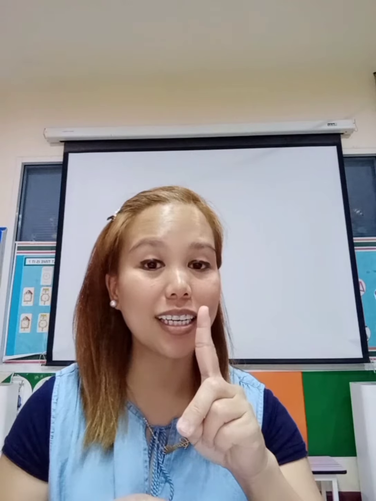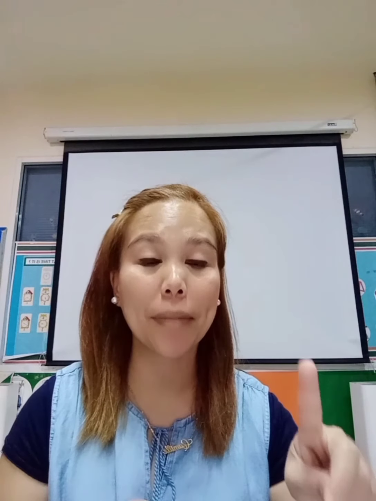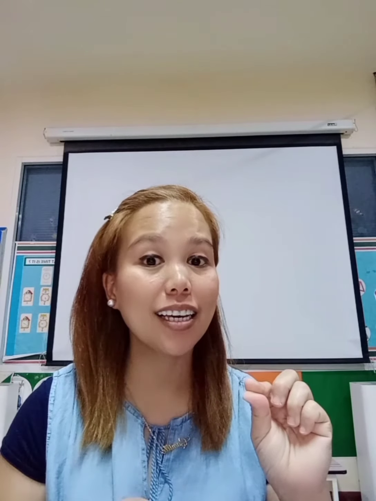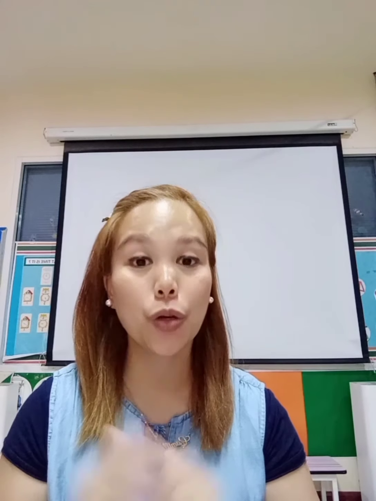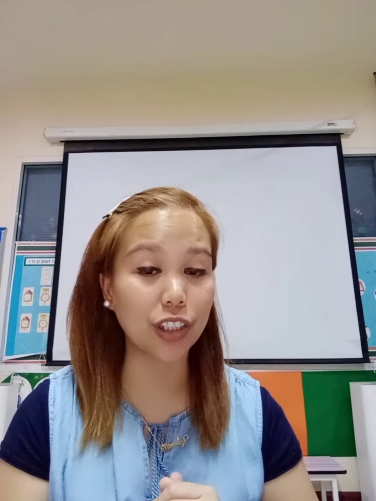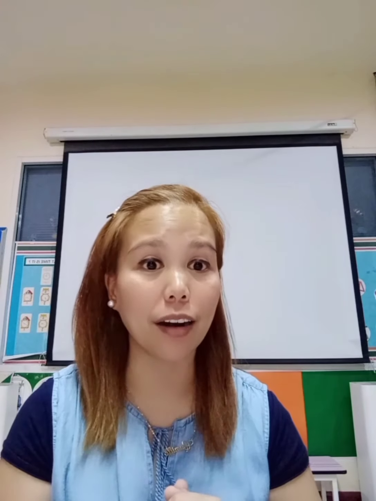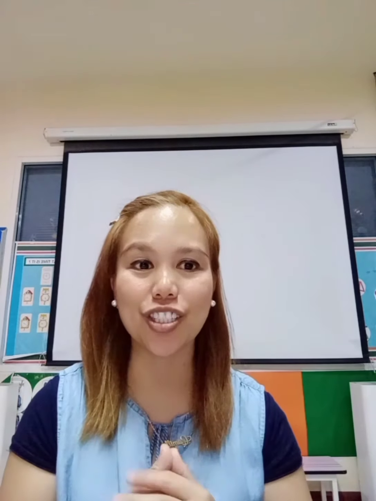I am, two words, becomes one: I'm. The letter A is replaced by the apostrophe. We are, we change we are into a contraction. It becomes we're. No more letter A. Letter A was changed into an apostrophe.